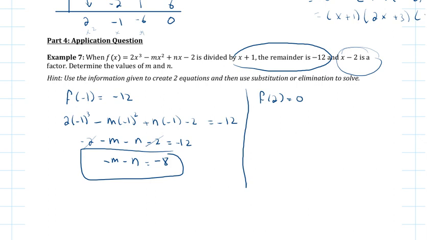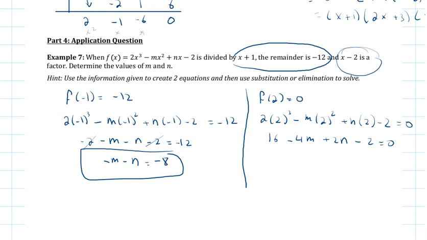Now I'm going to use my second given information, so x minus 2 is a factor. That means f at 2 equals 0. So that's going to be 2 times 2 cubed minus m times 2 squared plus n times 2 minus 2 equals 0.